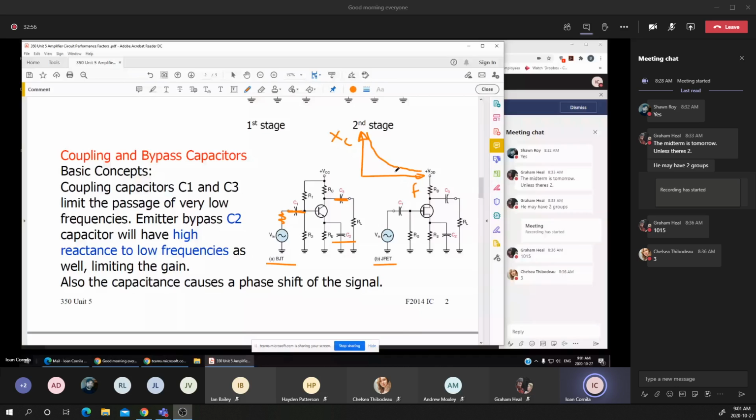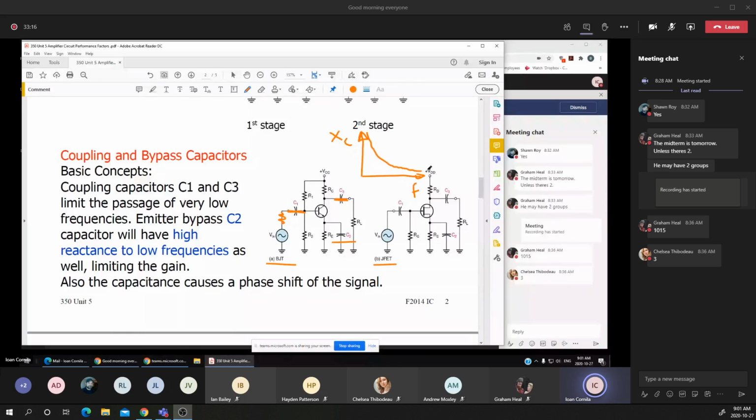Means that it will actually increase the gain as the frequency of the input voltage is increased. You notice that at low frequencies it has almost no effect on the gain.